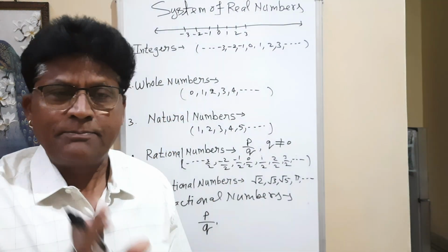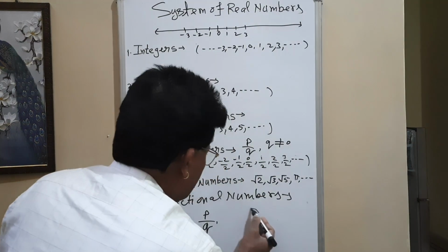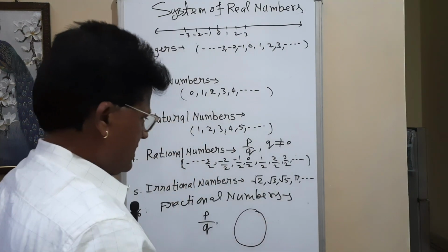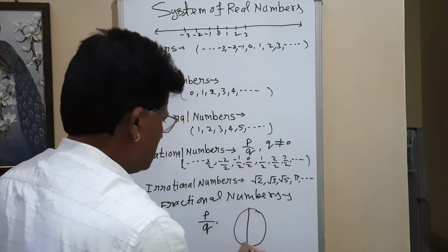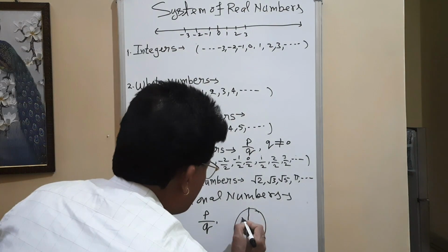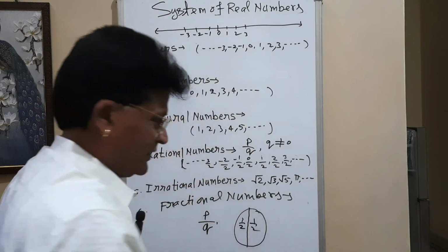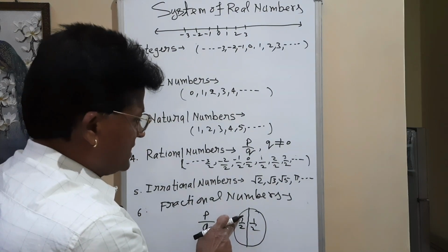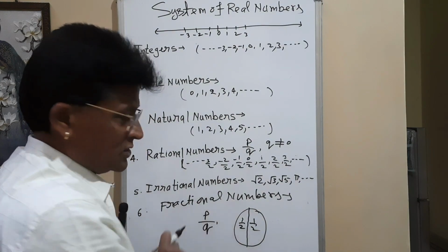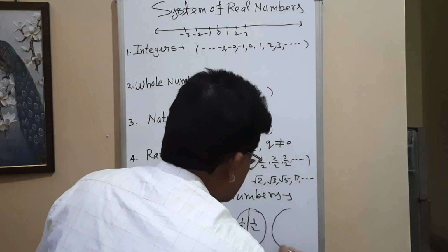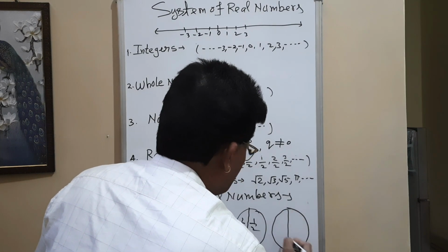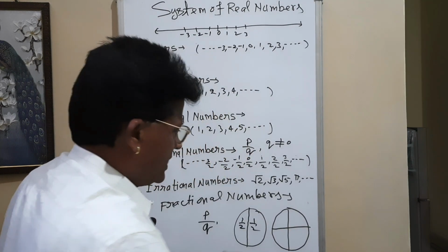Suppose, let me take the example of a fraction. I am going to take an apple. Divide the apple by a line into 2 parts. Each part will be equal to half of it. That is why 1 upon 2, 1 is a natural number, 2 is also a natural number. Suppose I am taking a second example. You divide this apple into 4 parts.